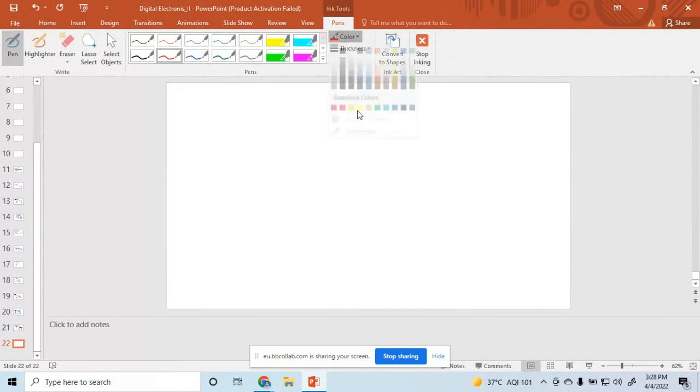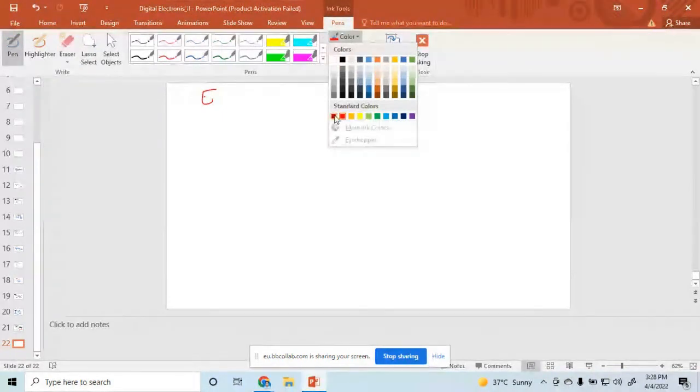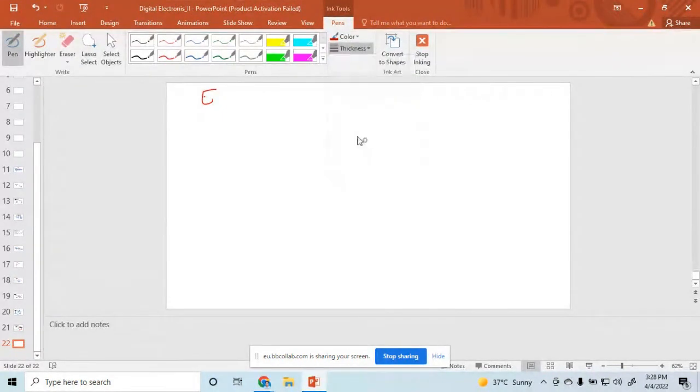And the next point is excitation table. So how to write down the excitation table for SR flip flop?